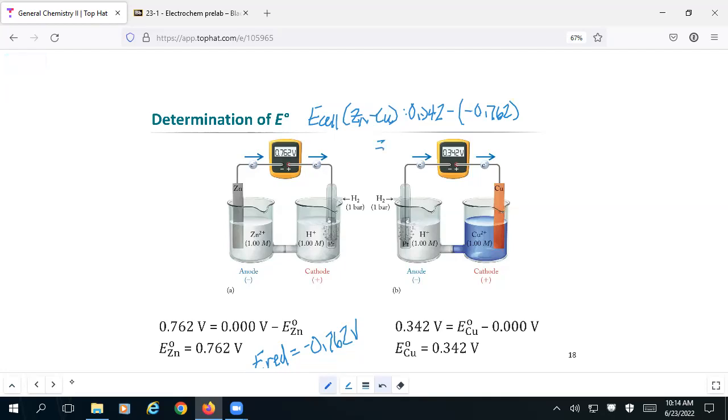And 0.342 minus negative 0.762 would give us a total voltage for that battery at 1.104 volts. So the battery we were looking at the start, that copper zinc battery, generates a little more than 1.1 volts at standard conditions, which isn't half bad.